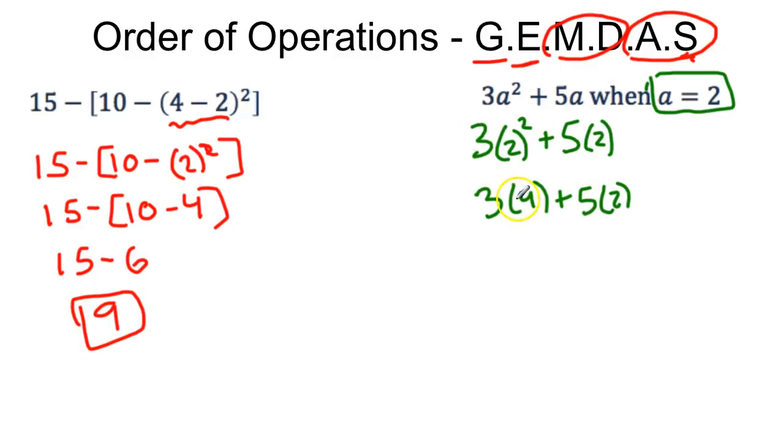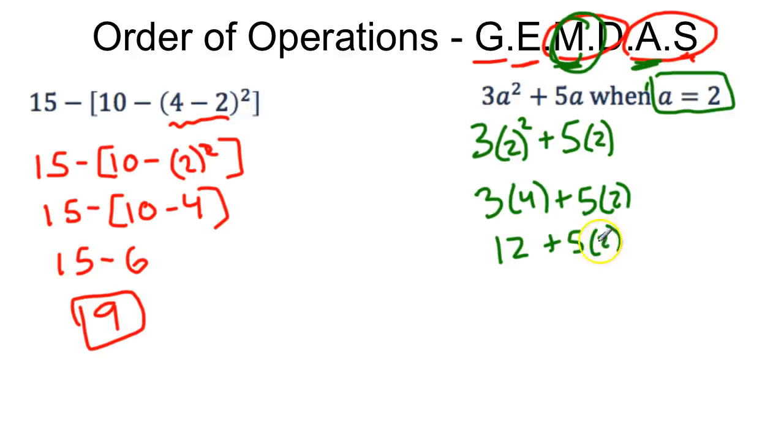So now I have 3 times 4 plus 5 times 2, and times is multiply. So should I multiply first or add the 4 and the 5 together? Well, I look up here, multiply is here, add is here, so I need to do multiply first. So I'll do 3 times 4, that's 12, plus 5 times 2.